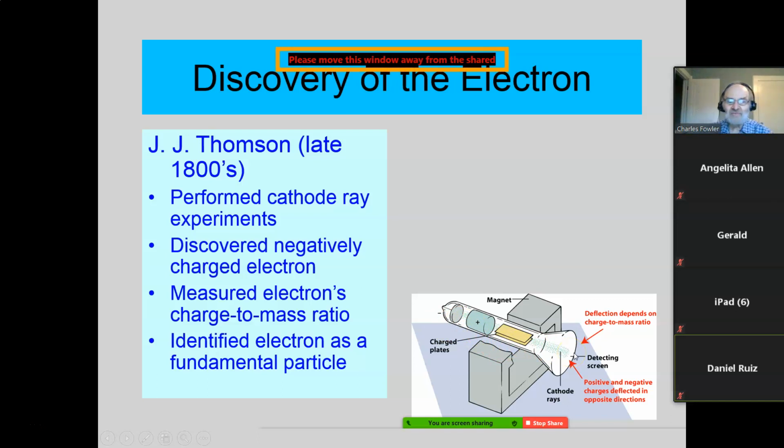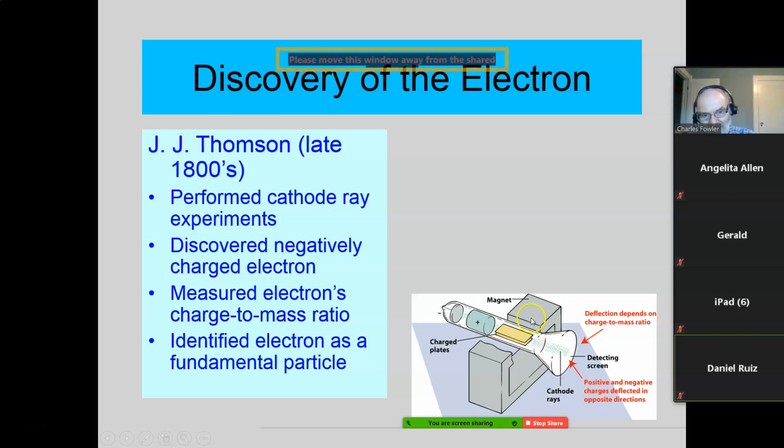Now, here are some things that he noted. Whatever was the positive plate here, it pulled the electrons up. The negative plate repelled them and pushed them up or down, whichever way they were.